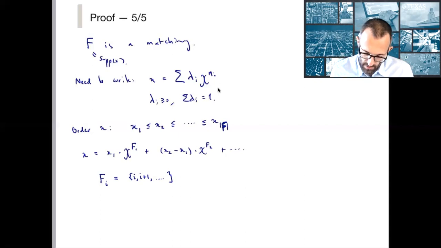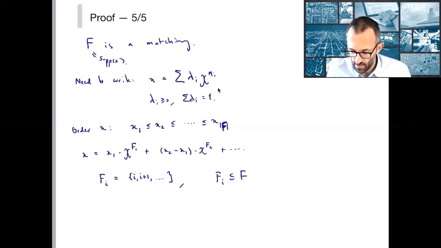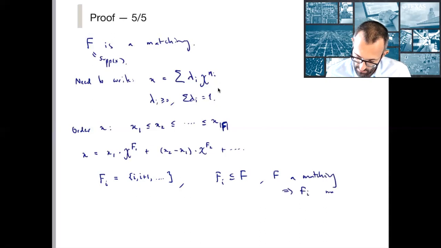So that means that each F_i is a subset of F, and since F is a matching, this implies that F_i is a matching. And that's basically all we need to check.